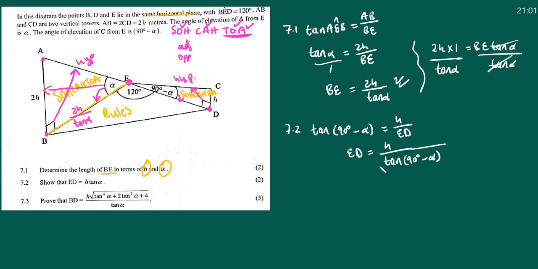Tan 90 minus alpha. Is it tan? Wait. Opposite over adjacent. Yeah, it's tan. So how do we deal with tan 90 minus alpha, guys?